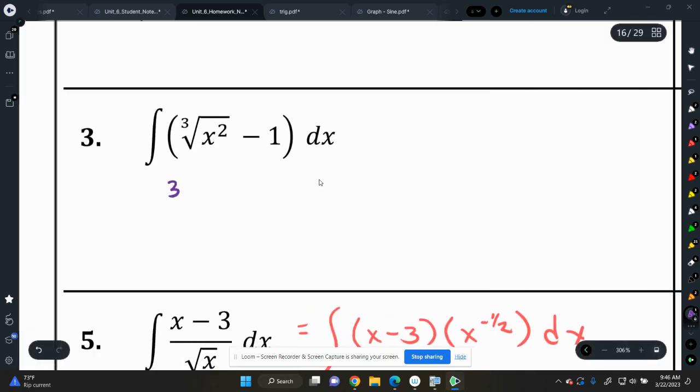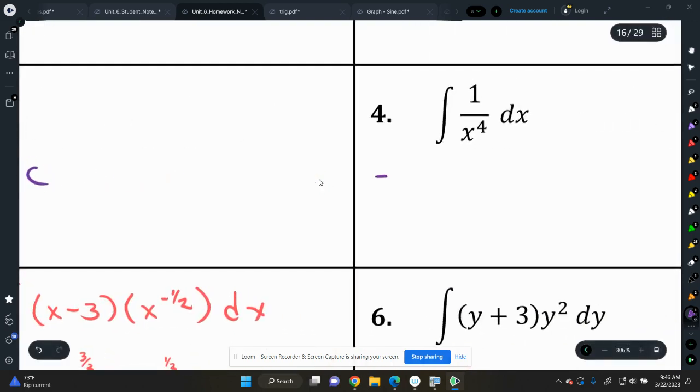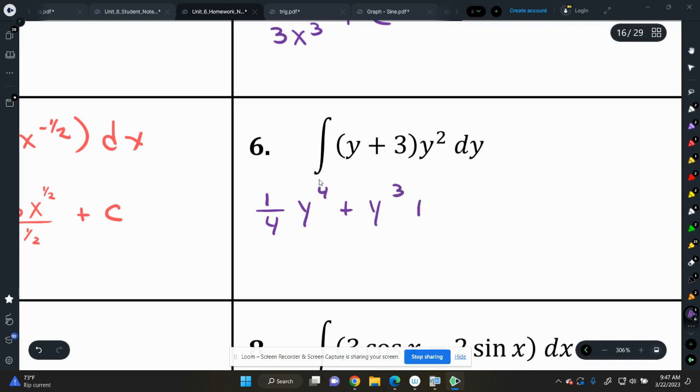Okay, this will be 3/5 x to the 5/3 minus x plus c. Number 4, we're going to have negative 1/3 x to the 3rd plus c. Number 6, I'm going to get 1/4 y to the 4th plus y to the 3rd plus c.